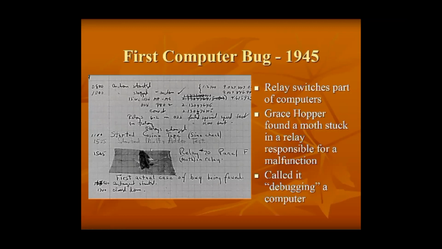This is the actual picture wherein Grace Hopper found a moth stuck in a relay that was responsible for the malfunction of the computer. After that, she called it debugging a computer, wherein she literally removed a bug from the relay of the computer.